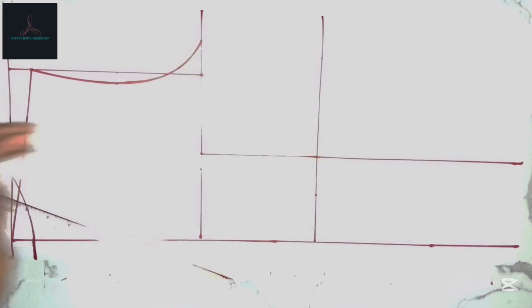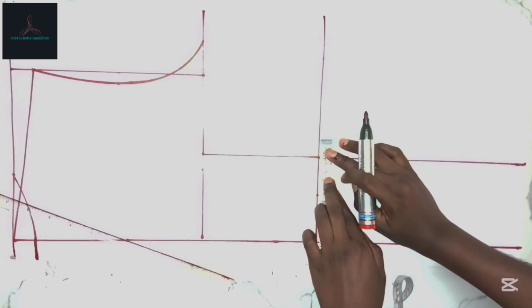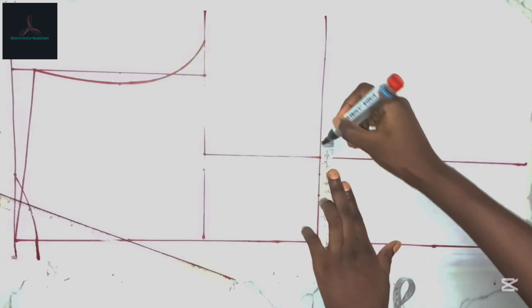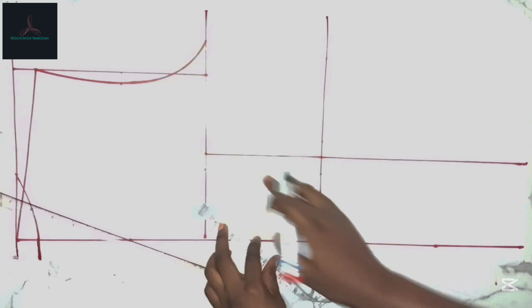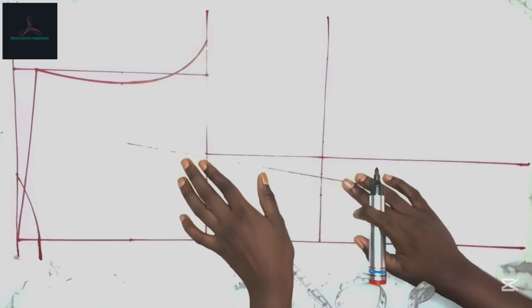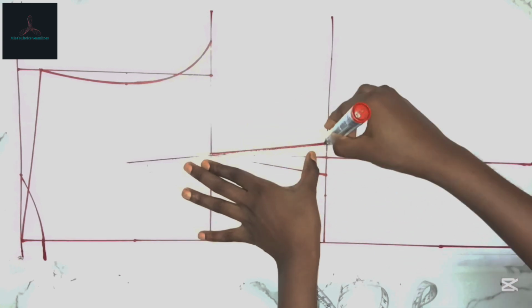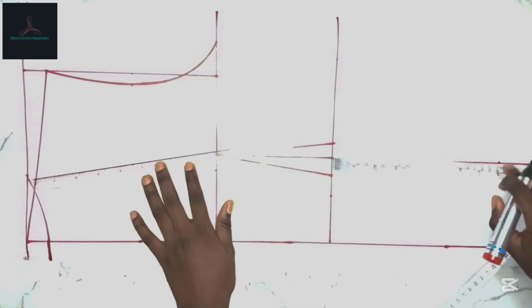On the waistline, I will take my waist dart of 0.75 on both lines and connect it up here to my chest line. I'll come down here with 8 inches for my dart leg.